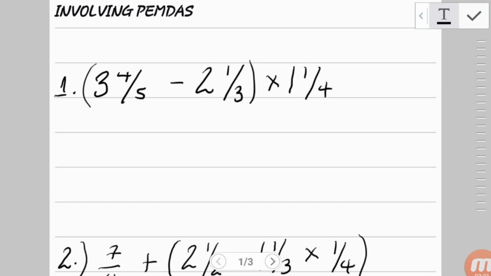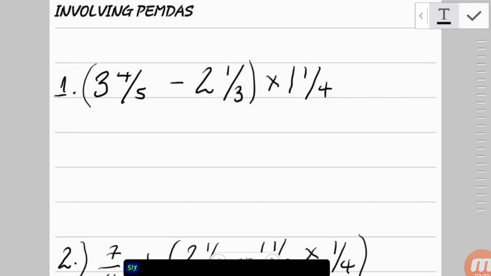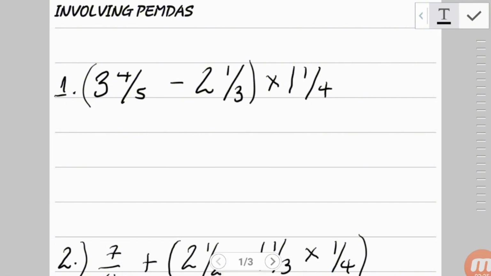All right, let's get right into it. We have about 6 questions that we're going to be going through that bring out various aspects of PEMDAS and will also build you as a strong student. At the end of this video, I do hope that you shouldn't have any problems with multi-step fraction problems. Let's get right into it.